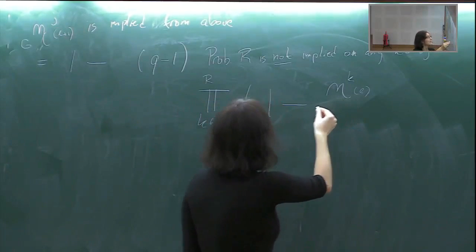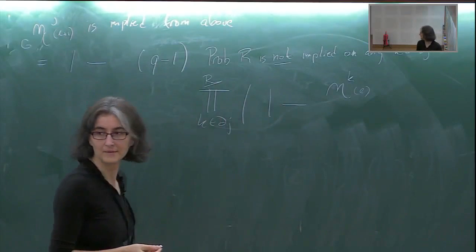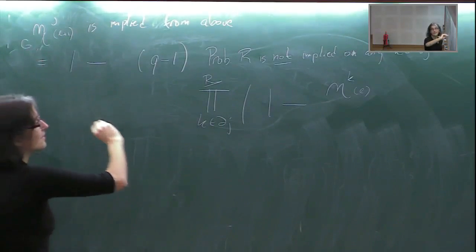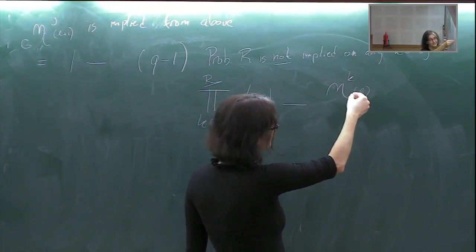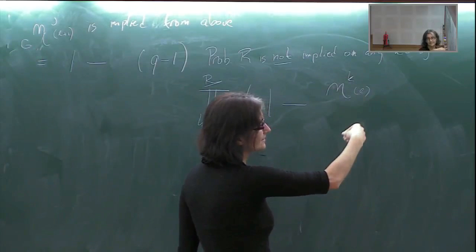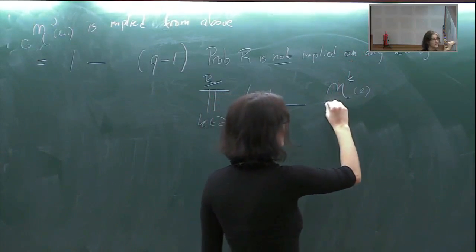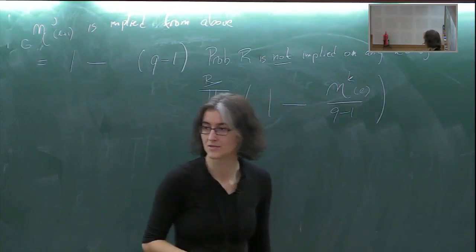But remember that we only care about one given color here. Not the same one as here, but this was implied in the color in which it was set in the process that constructed the boundary in the first place. So it's only one of the q minus 1 possibilities that counts here, right?